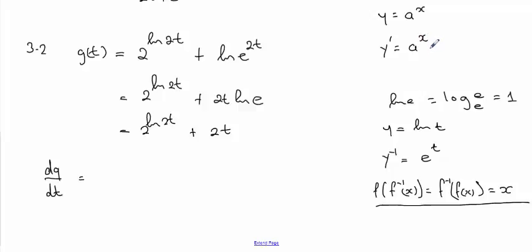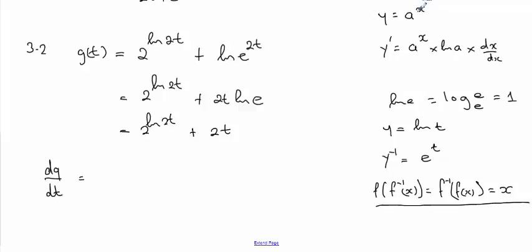Exponential functions, when you differentiate, always bounce back exactly as they are, multiplied by the ln of the base and multiplied by the derivative of the argument.